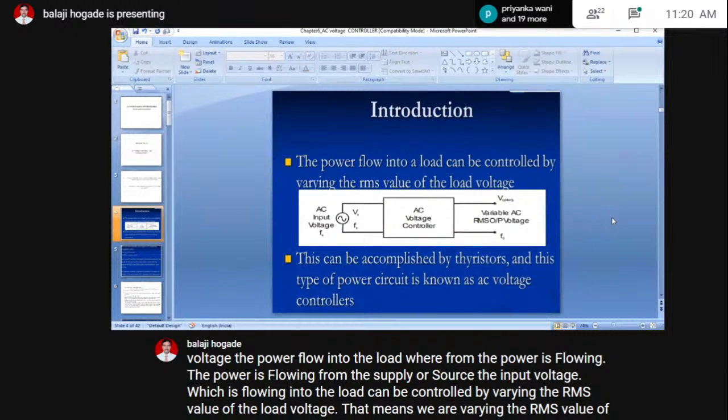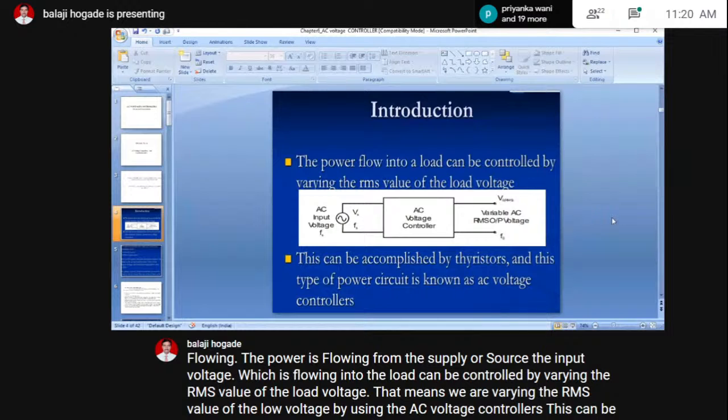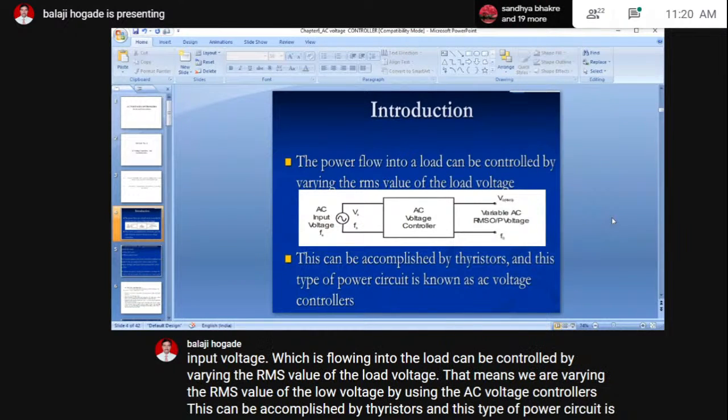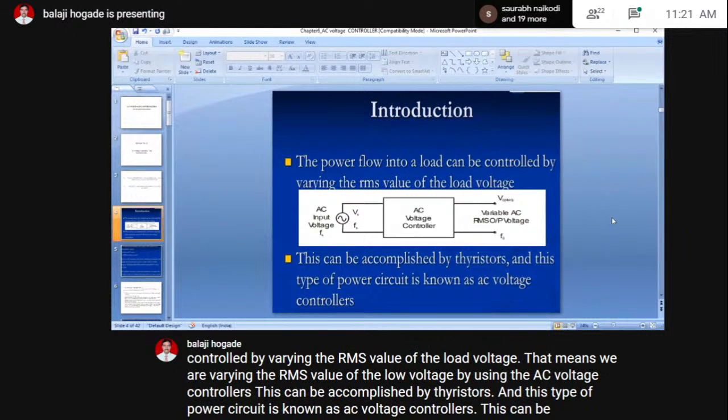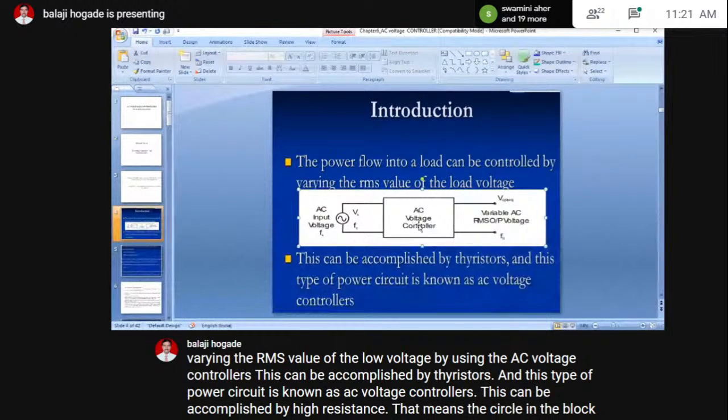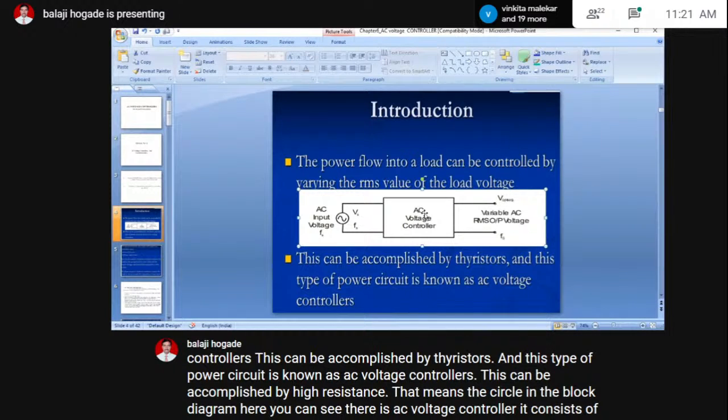This can be accomplished by thyristors, and this type of power circuit is known as AC voltage controllers. That means in the block diagram here, you can see there is an AC voltage controller. It consists of a thyristor, and the thyristor is used as a switch here.